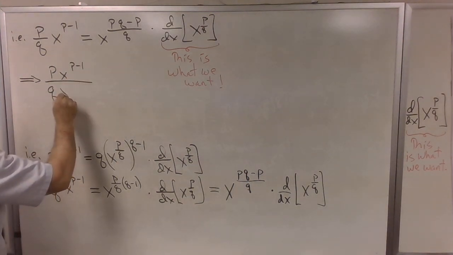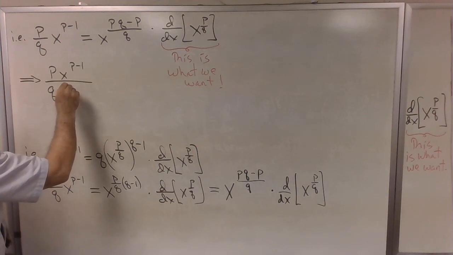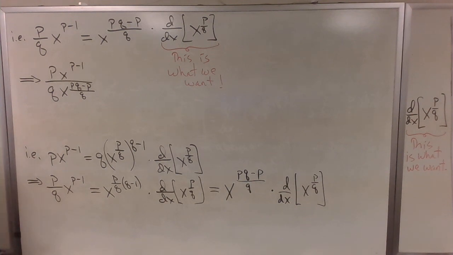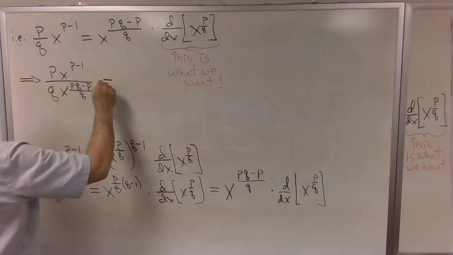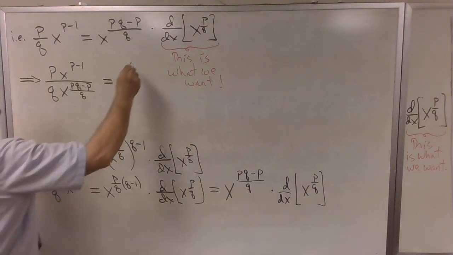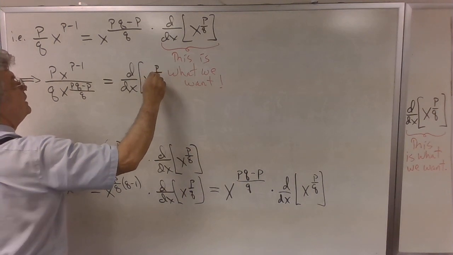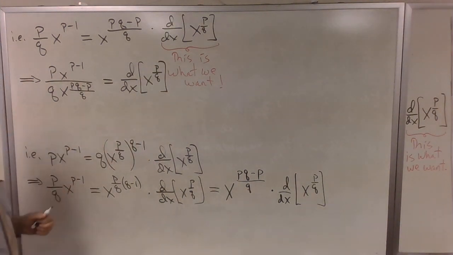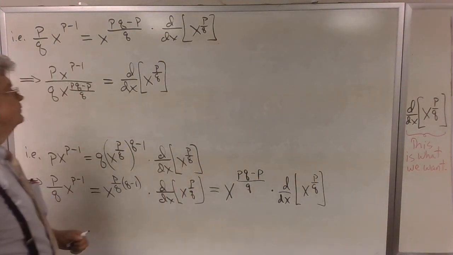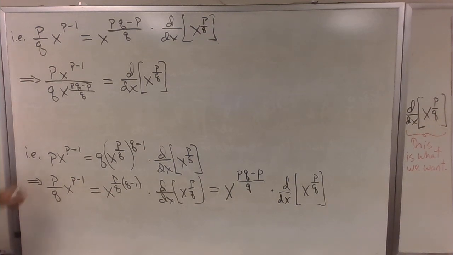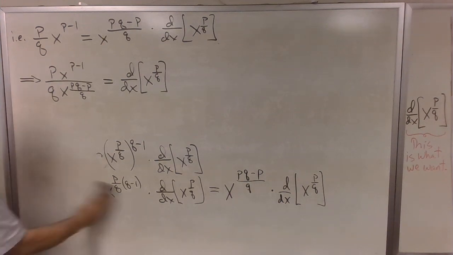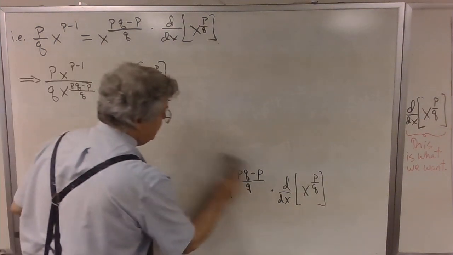So let's see, I'll get x to the pq minus p over q, and that's equal to the derivative of x to the p over q.